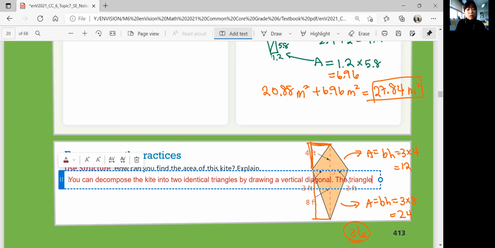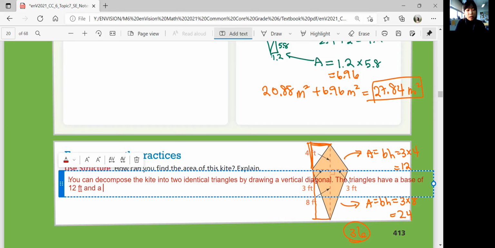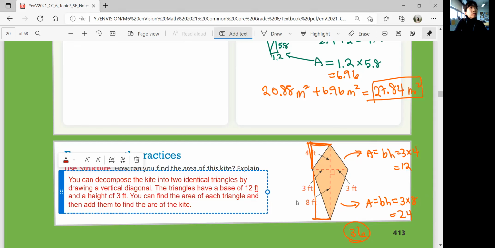The triangles have a base of 12 feet and a height of 3 feet. Find the area of each triangle, then add them to find the area of the whole thing.